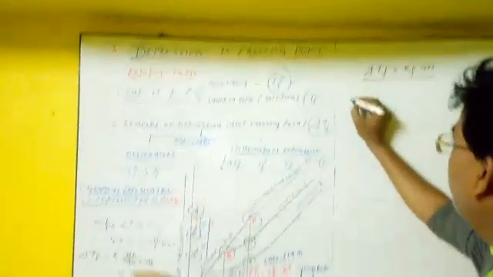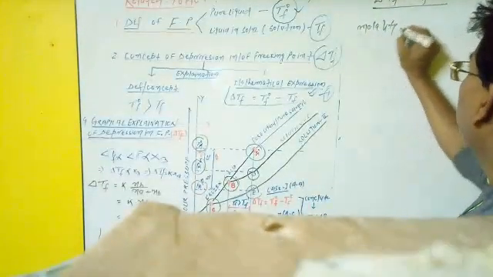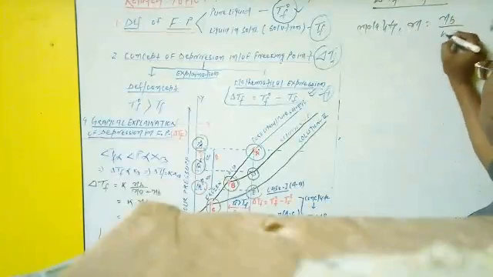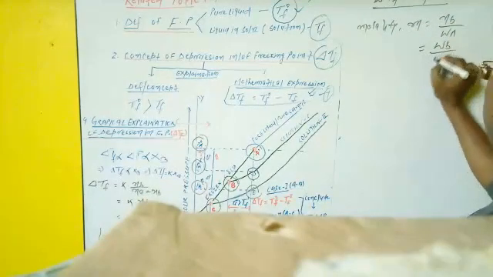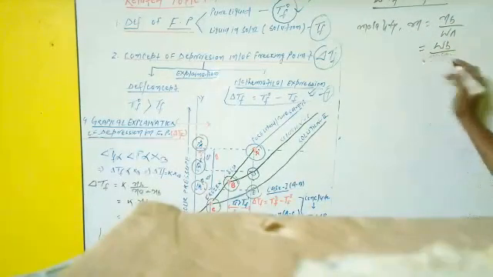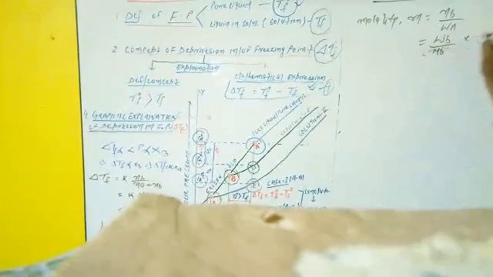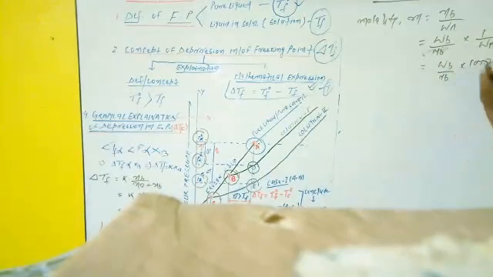But molality m equal to nb by Wa, equal to Wb by Mb into 1 by Wa, which also becomes Wb by Mb into 1000 by Wa.